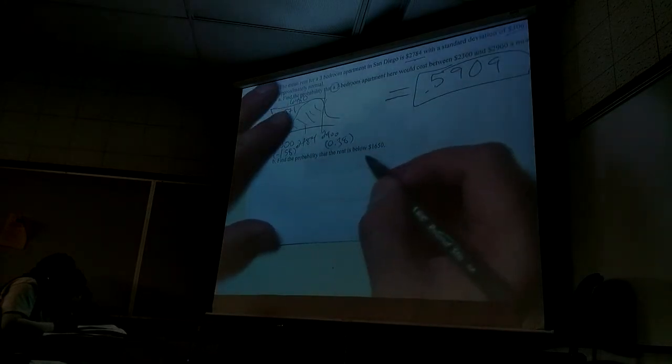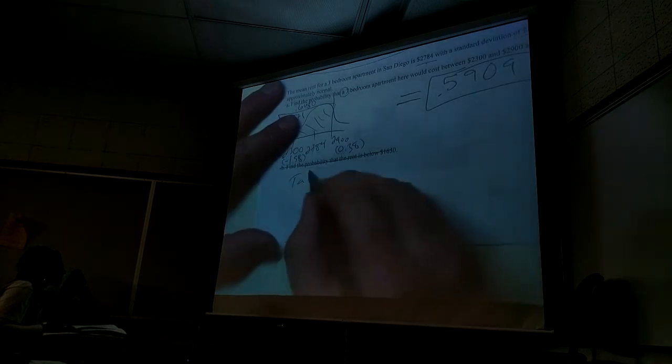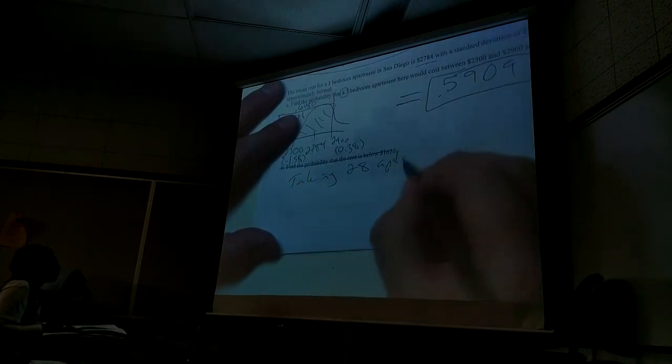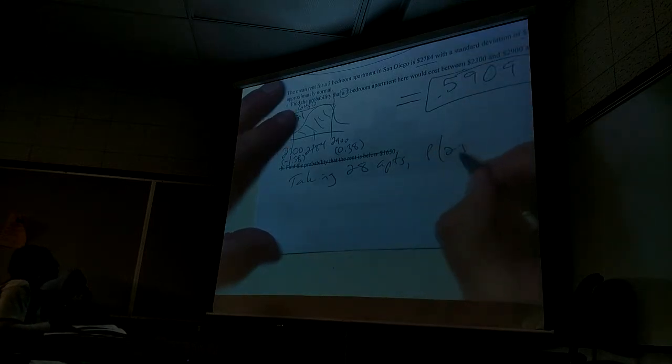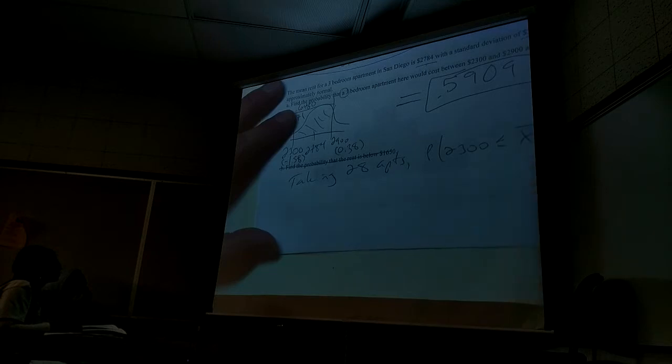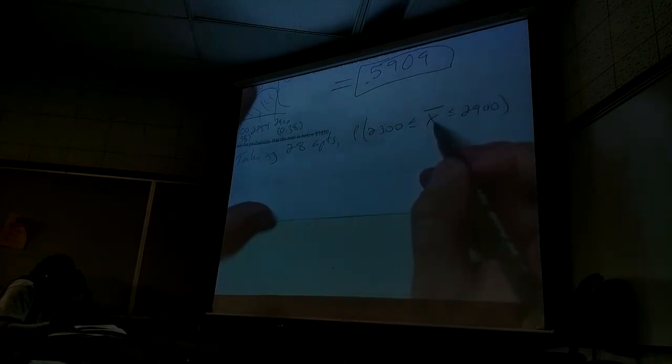Find the probability that, oh yeah, this is different. So this one is now taking 28 apartments. Find the same probability question, right? Yes. Except it's this now, X bar. So I took a sample, I asked a question about the sample mean.